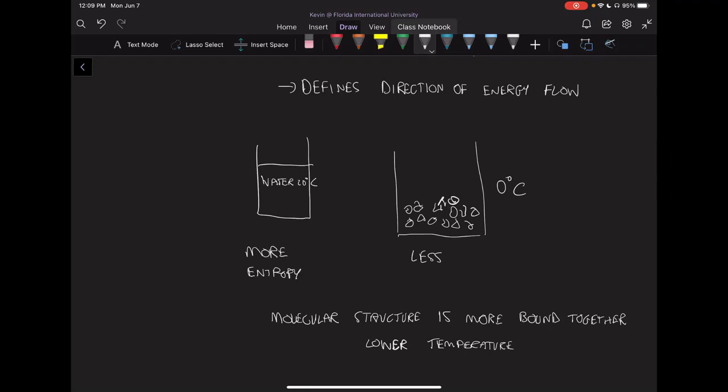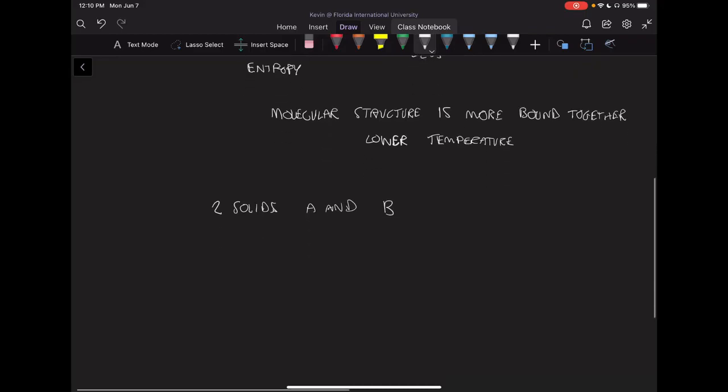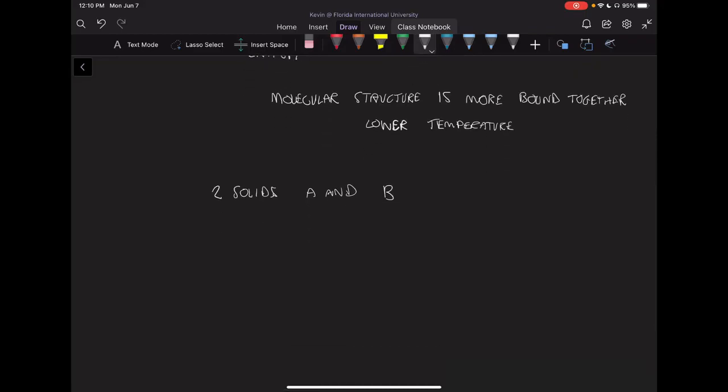So let's consider two different solids. We've defined that there's less entropy in ice, more entropy in water, and it seems to be related to temperature. Now, let's look at two solids, which we can call solids A and B, and look at their molecular structure really close.